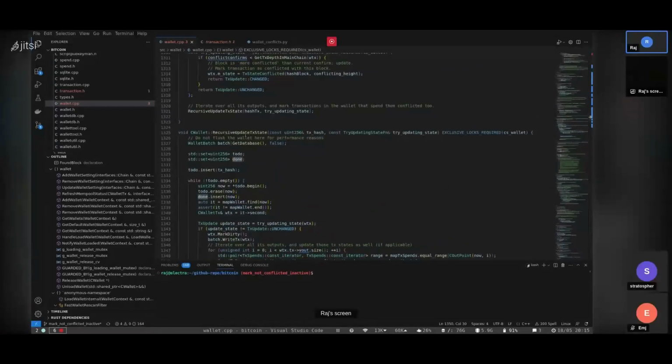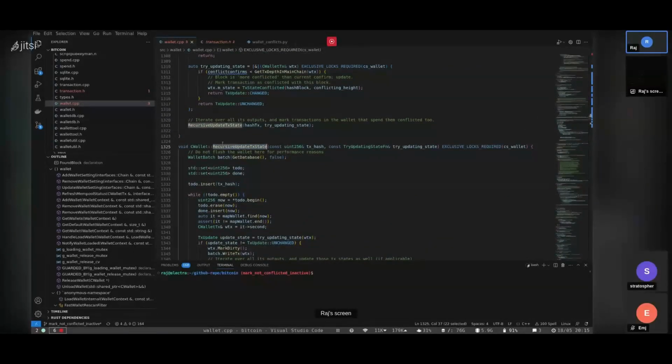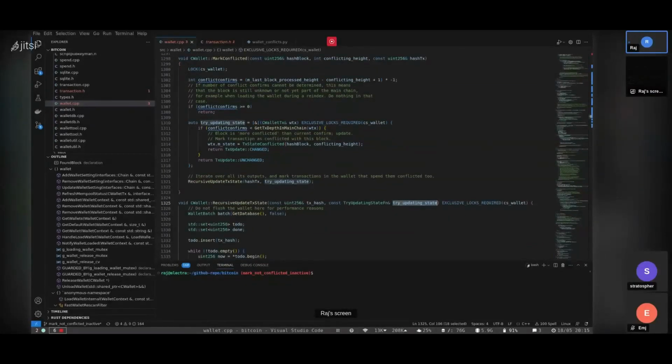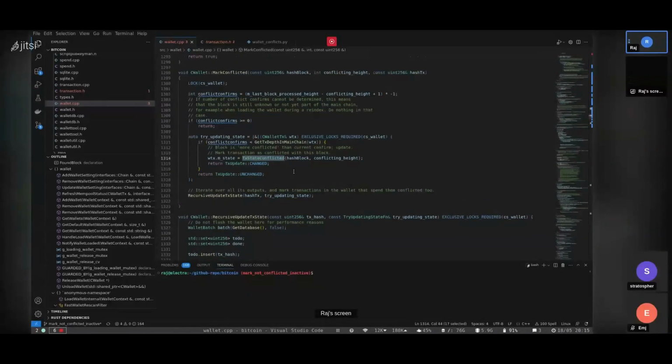Here, this function takes in a lambda, which denotes how the transaction state will be updated for child transactions.